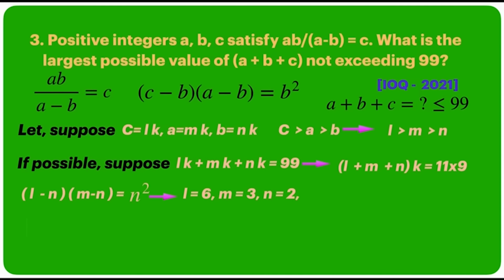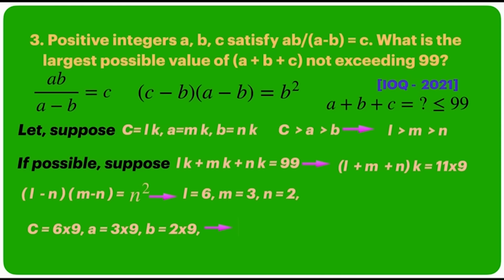C equals 6 into 9, because L equals LK; here L equals 6, and K is 9, so C equals 6 into 9, A equals 3 into 9 and B equals 2 into 9.